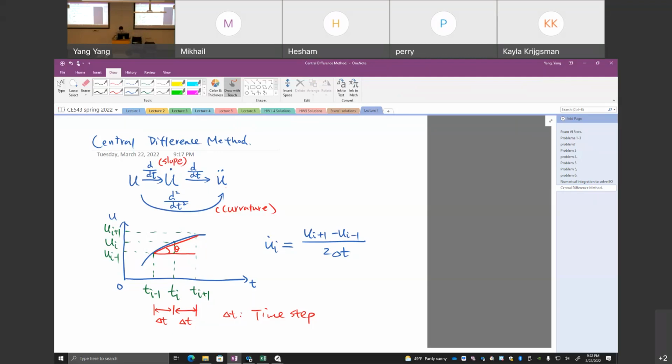That's why this method is called the central difference method: theoretically the velocity is a derivative, but here we use a difference between t_(i-1) and t_(i+1) to approximate the velocity. That's over 2 delta t, because the time from the first to the second is 2 times delta t. So that's the initiation of this method.